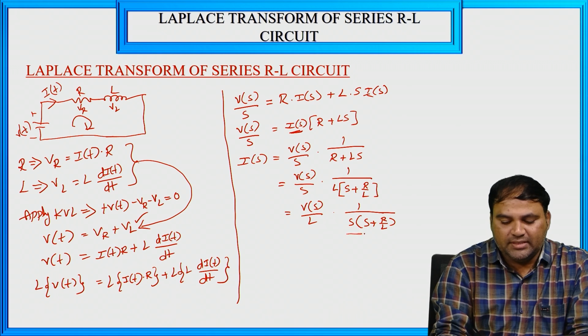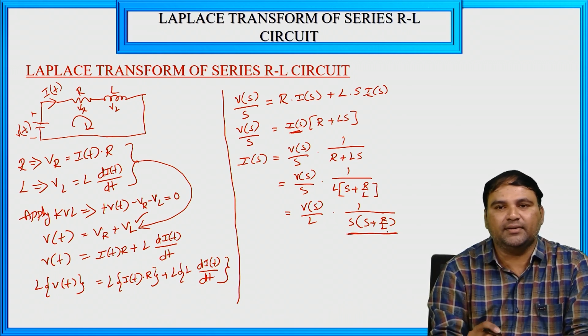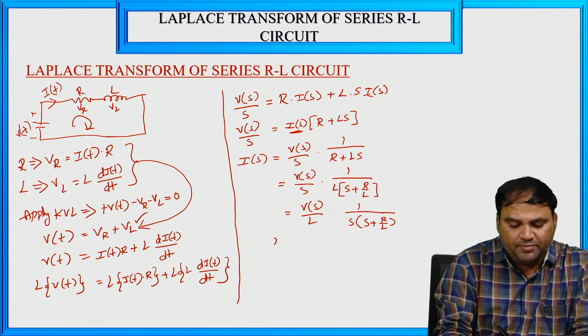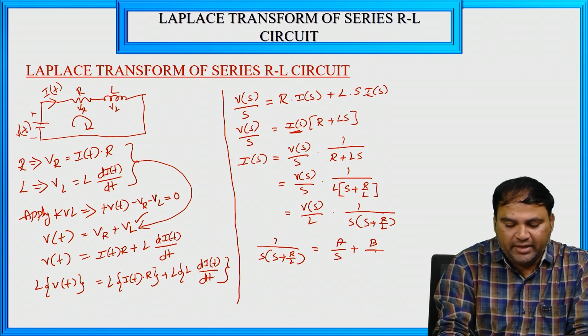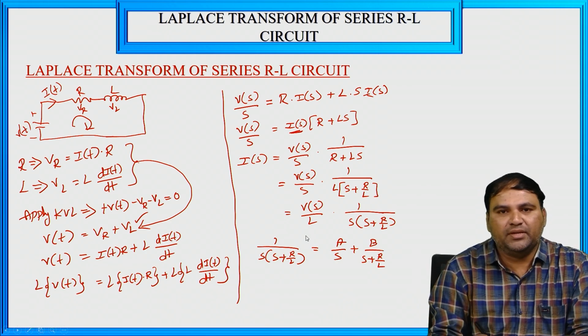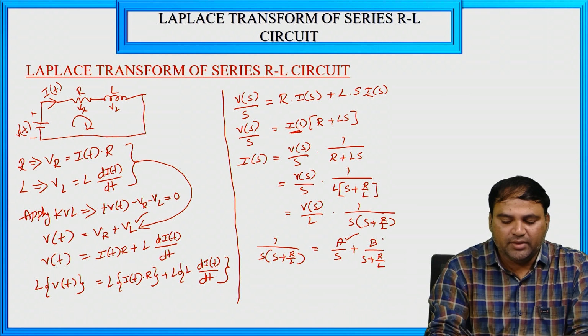Now this equation we have to calculate in terms of partial fractions. The partial fraction is 1 by S into S plus R by L equal to A by S plus B divided by S plus R by L. By simplifying, we will get the A value and B value.